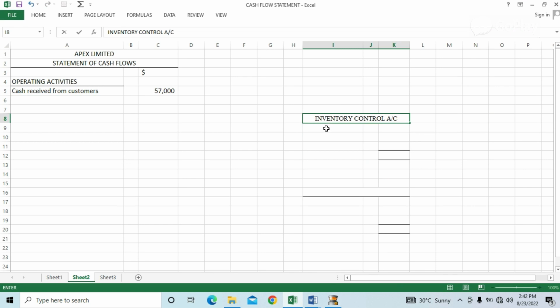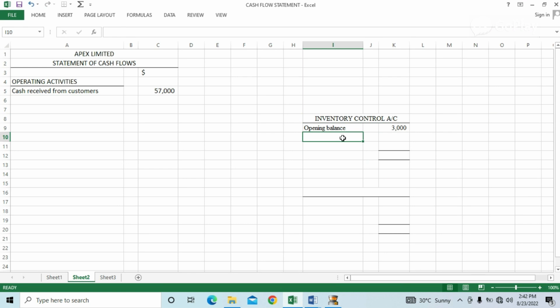So inventory control account. So I'll have my opening balance. The opening balance was 3,000. Then to this one, we add the purchases, because the opening balance was there, then we purchase something.